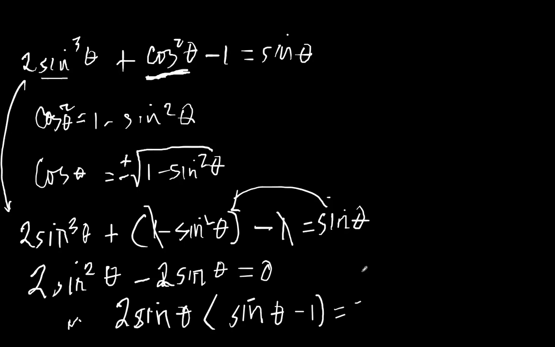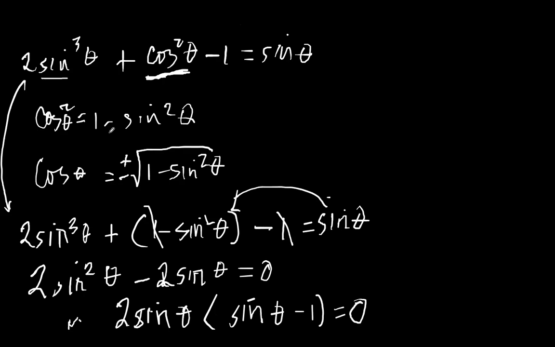Equals 0. Here we go. Now, since we already expressed the left-hand side as a product of 2 factors, and the other side is equal to 0, then we are now allowed to use the t-table, di ba?